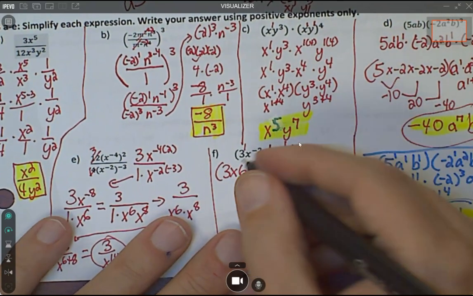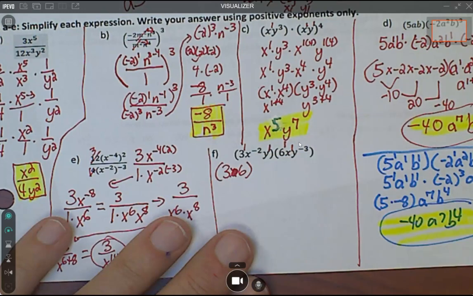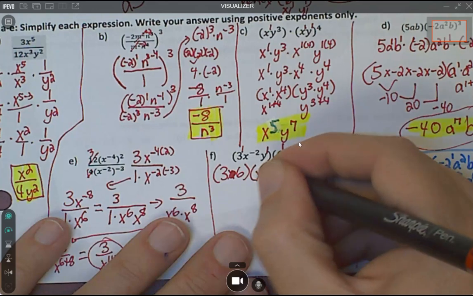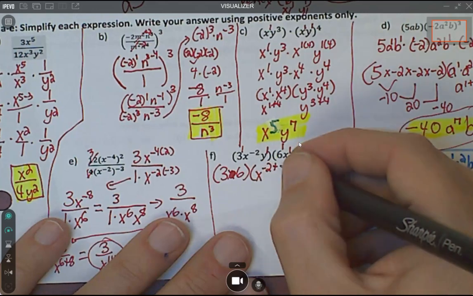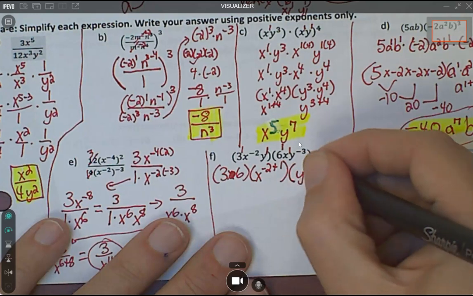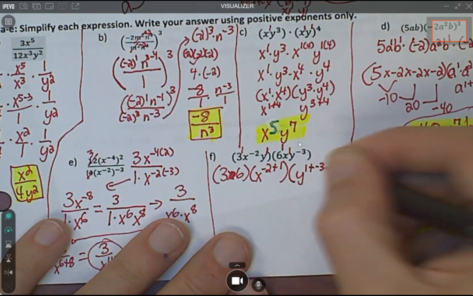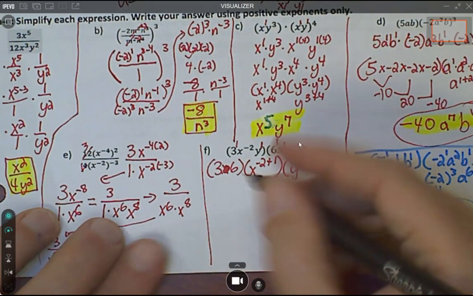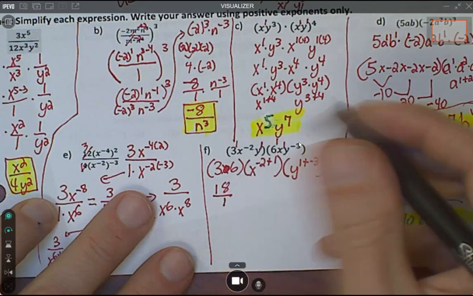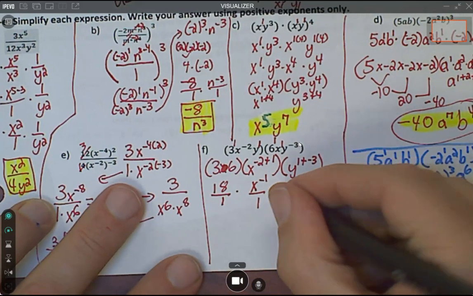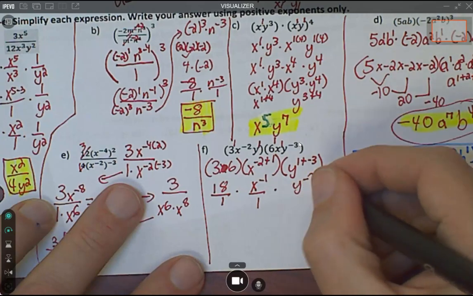3 times 6. Let's use the dot. Okay, here I got x to the negative 2 plus 1. I got y to the 1 plus negative 3. Two powers with the same base, you add their exponents. This gives me 18 over 1 times x to the negative 1 over 1 times y to the negative 2 over 1.